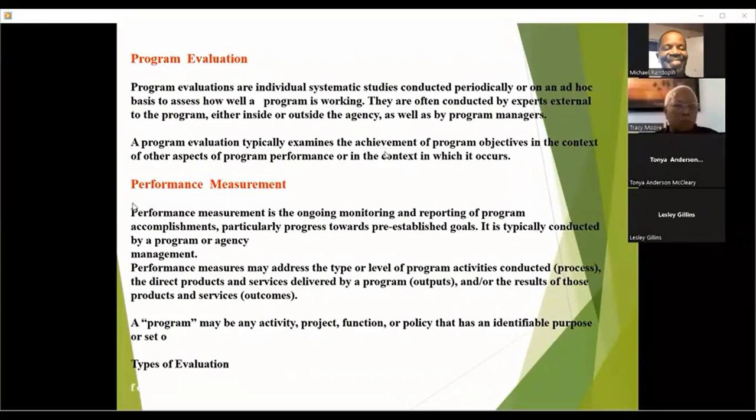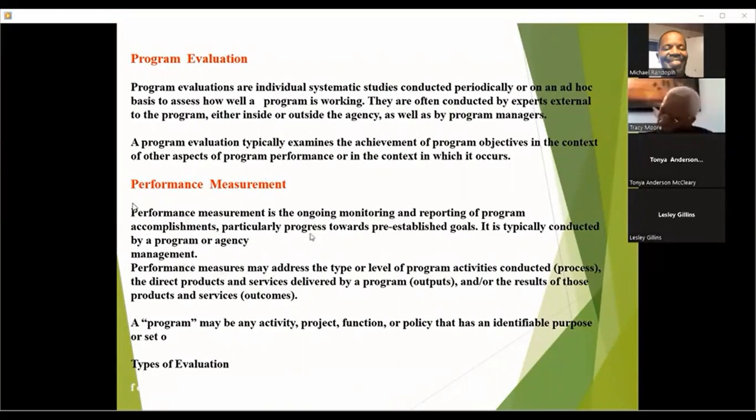It uses these measurements to show that you're doing exactly what you say you're going to do, and more importantly, how well you're doing what you say you're going to do. That's what we call a program evaluation. And we use program performance in order to get the program evaluation. We're going to talk a little bit more about program evaluation and the different types in a minute.